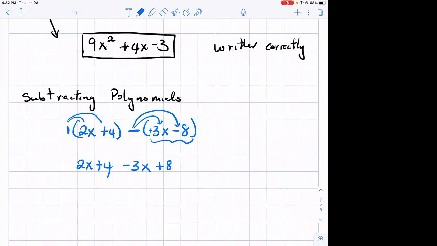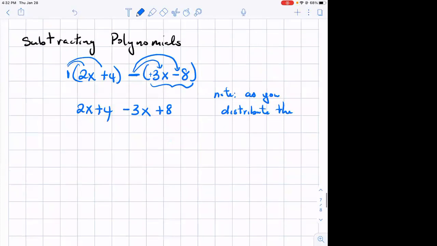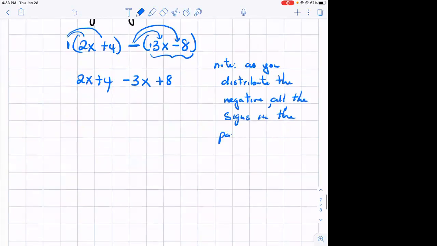So as you distribute the negative, all the signs in the parentheses change to their opposite sign.